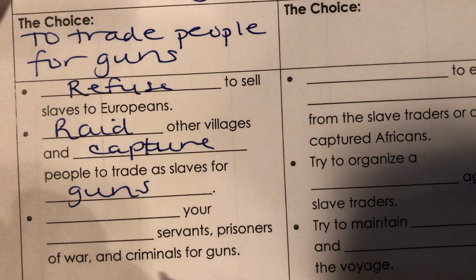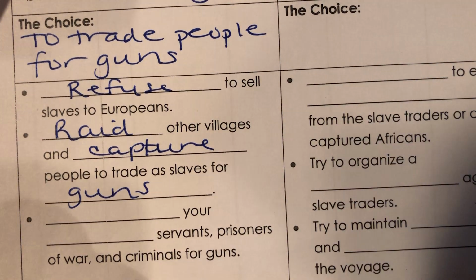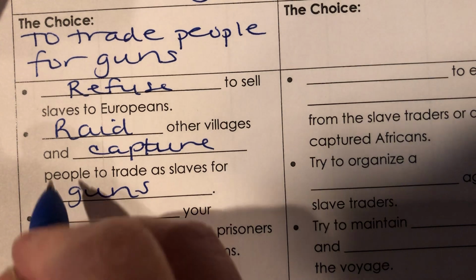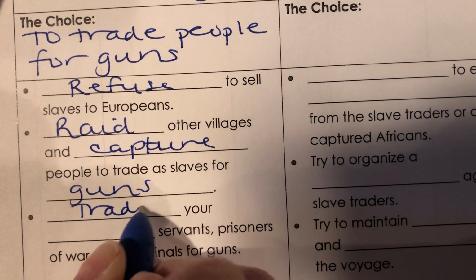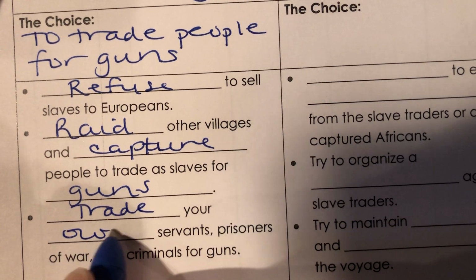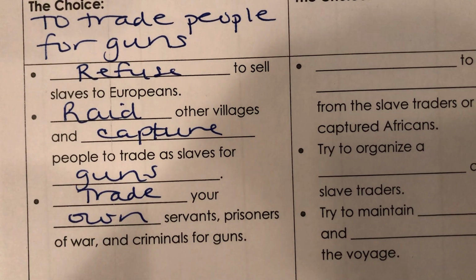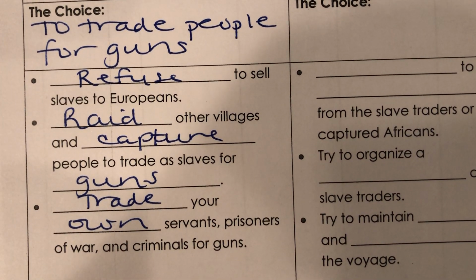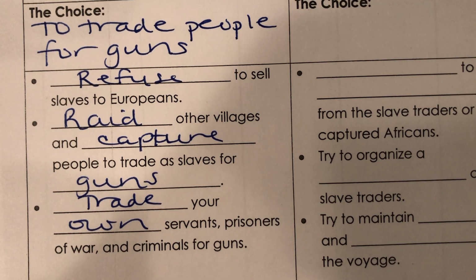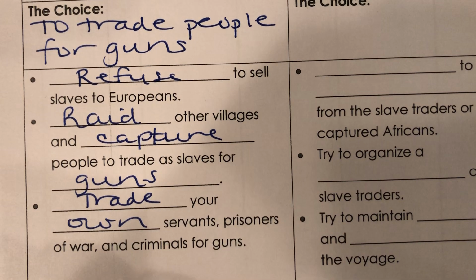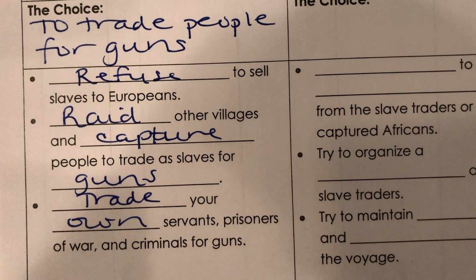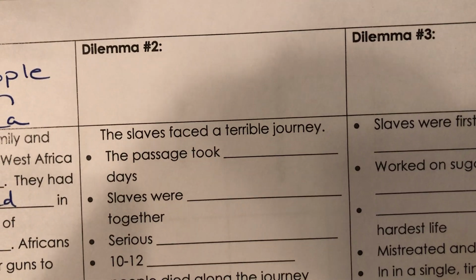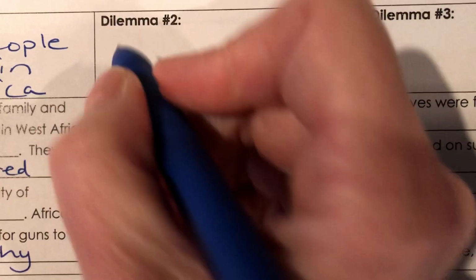And then the third choice was to trade your own servants, prisoners of war, and criminals for guns. And remember, we had to decide which one of those choices you would make if you were faced with that. It was a tough decision to make, and that was an actual decision that people had to make.